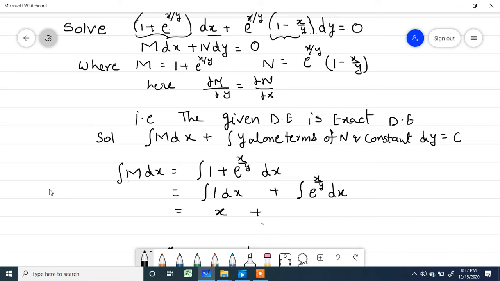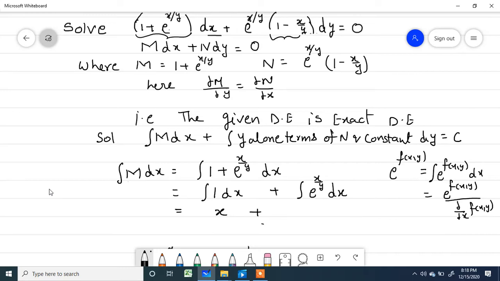See, this is in the form again e power f of x comma y. Okay, so the integral of e power f of x comma y dx is e power f of x comma y divided by the derivative of f of x comma y.